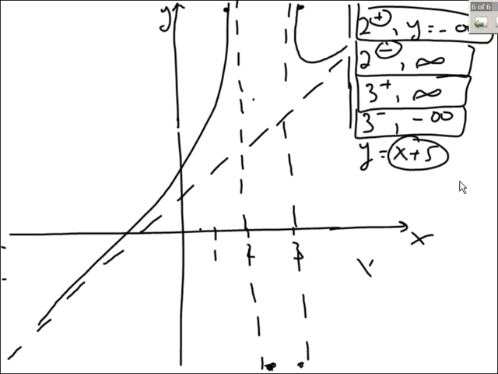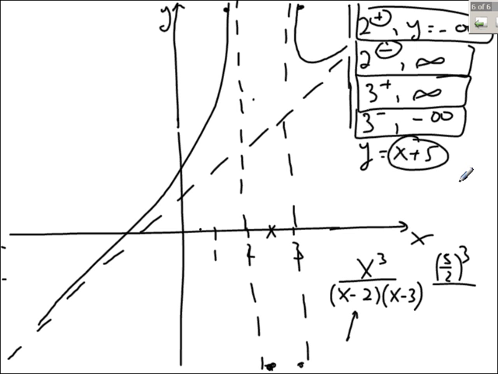I think the graph was x cubed over x minus 2 times x minus 3. Well, what happens when you plug in 2.5? You're going to get 5 over 2 cubed on top. Now, 2.5 minus 2 is a half, and 2.5 minus 3 is negative a half.